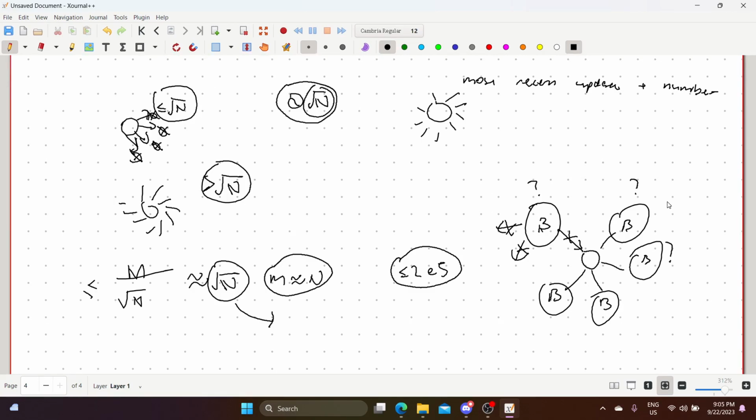If it's even more recent, then we should do the update. Since there are only around square root n big vertices, during each update, to retrieve the value we only need square root n time. So this is O(Q square root n).